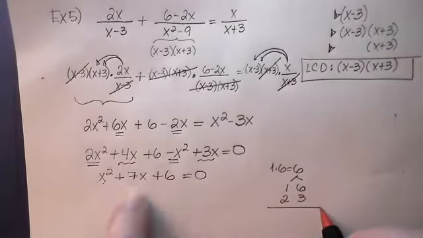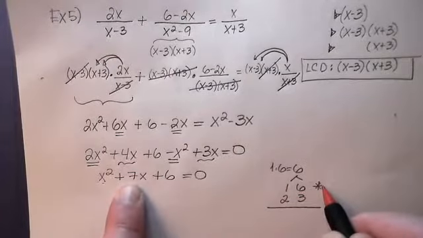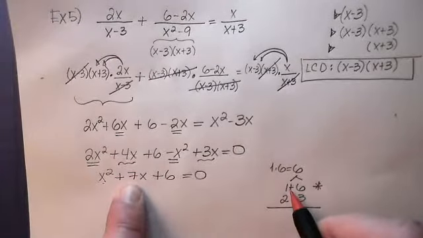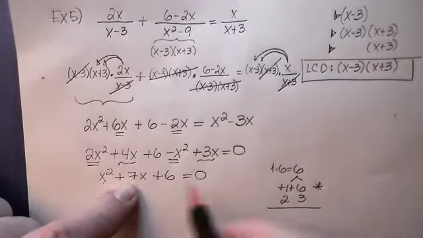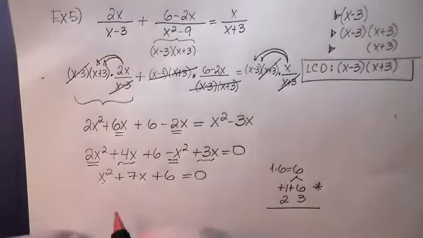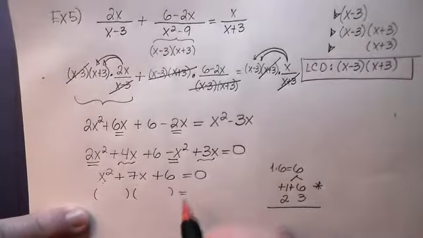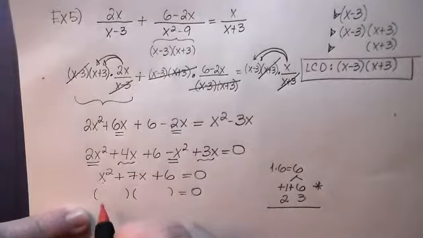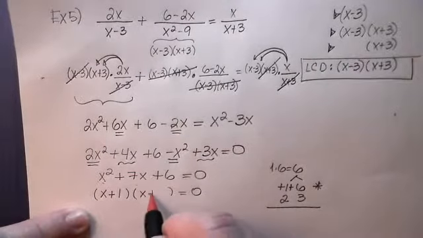And we're looking for the number 7. So which one will give me 7? It would be 1 and 6. 6 has to be positive, so 1 also has to be positive. Positive and positive give me a positive, so it's okay. So that means this will be x plus 1 and x plus 6.